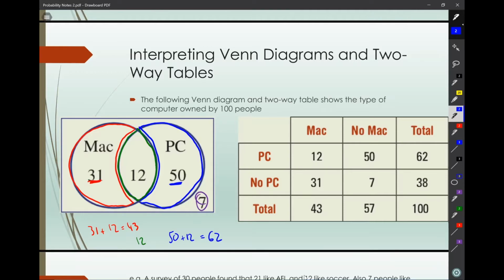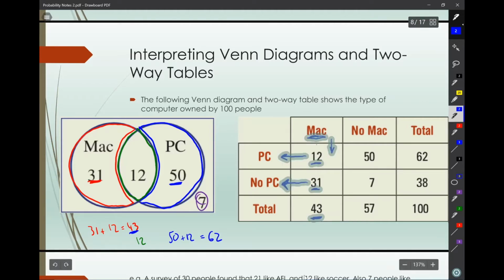Okay, let me show you the way you read a two-way table. If you want to know who owns a Mac, you look for Mac here and then read down the table. 12 people own a Mac, but they also own a PC. 31 people own a Mac and no PC. And the total is 43. Which is the same as what we had over here for the whole people in the Mac circle.